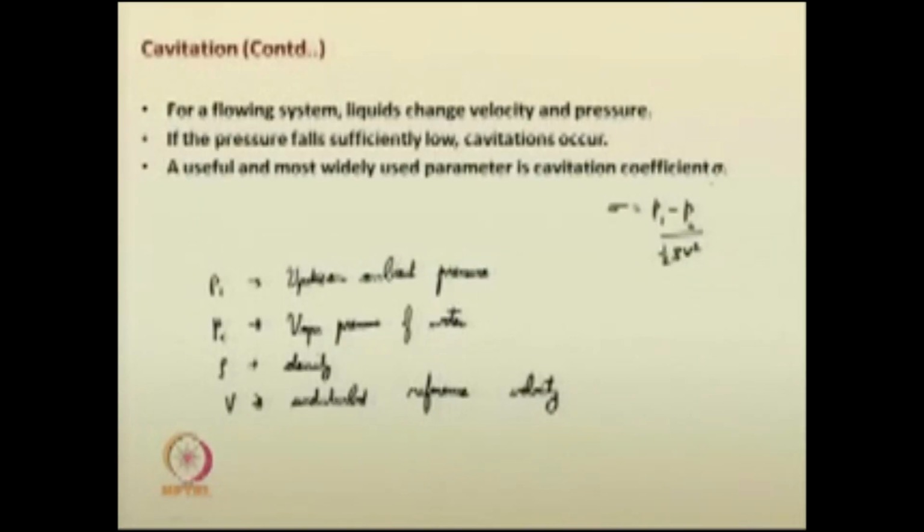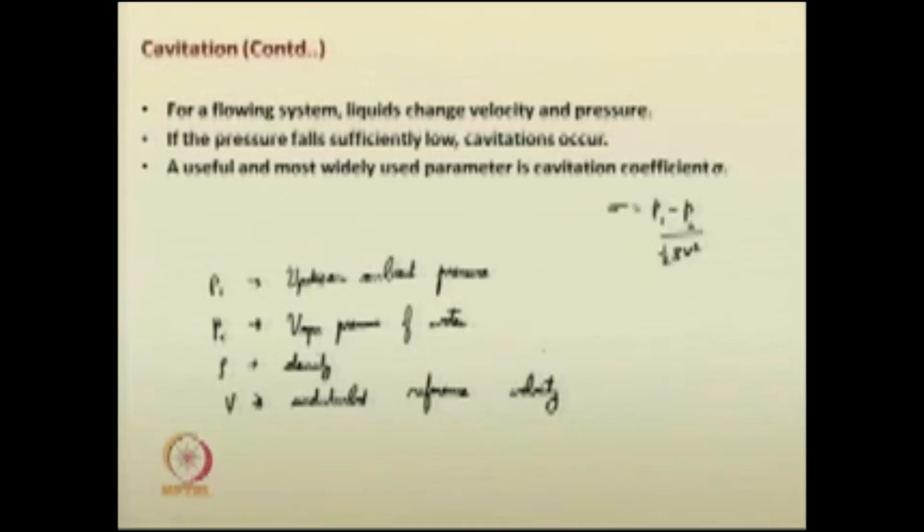From this, you can see that once the pressure starts falling and reaches Pc, the vapor pressure, the water starts boiling, or becoming vapor, then these vapor pockets collapse and cause cavitation.